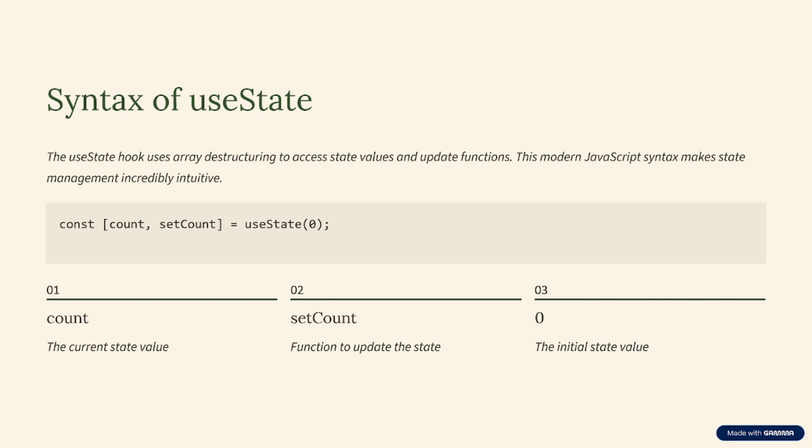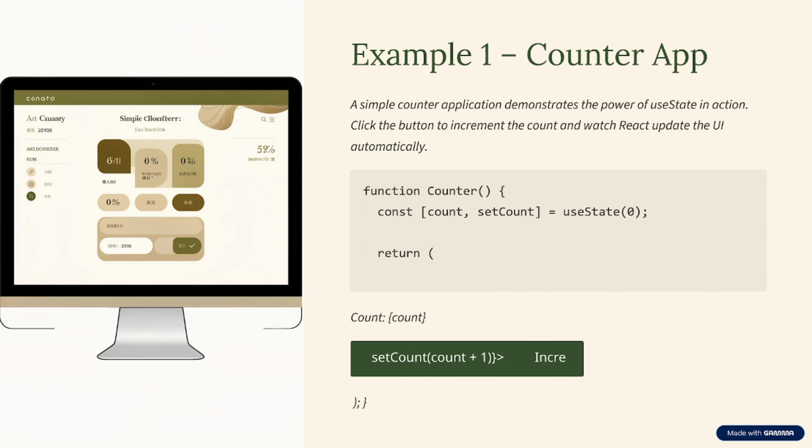So we need to create a variable with const or let, and inside that we create an array: count, comma, setCount. Count is storing the current state value, whereas setCount is a function to update the state. And the last one is the initial state value, that is, whatever you give to useState. So these are the three things to understand properly.